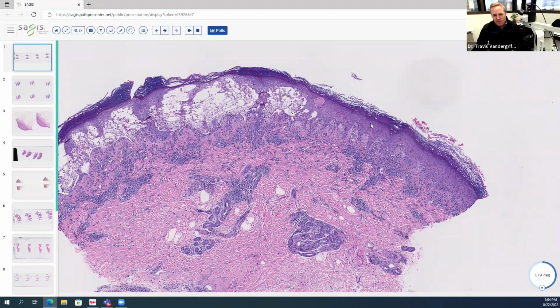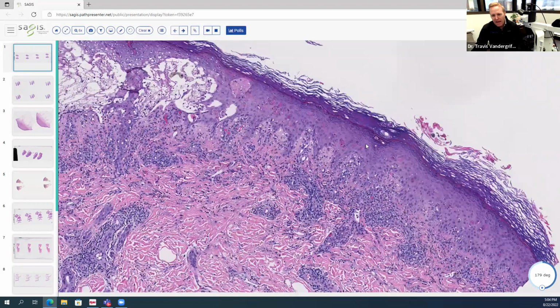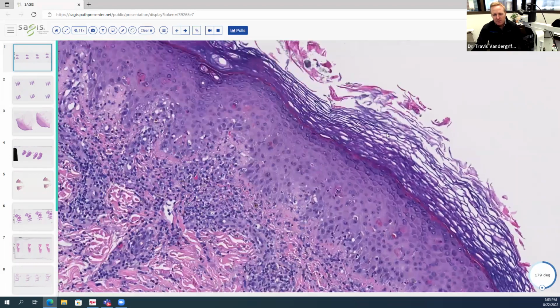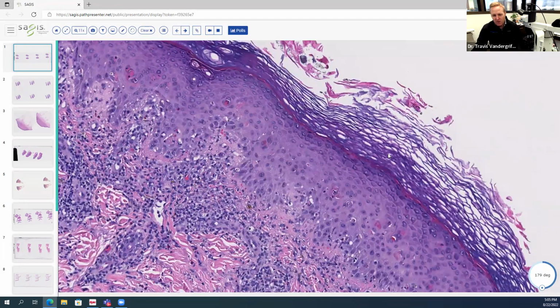A sign of acuity would be a basket weave cornified layer, and that's what I see here. If it's a chronic process, you're going to get more compact orthokeratosis or parakeratosis. So this appearance of the cornified layer goes more with an acute process.